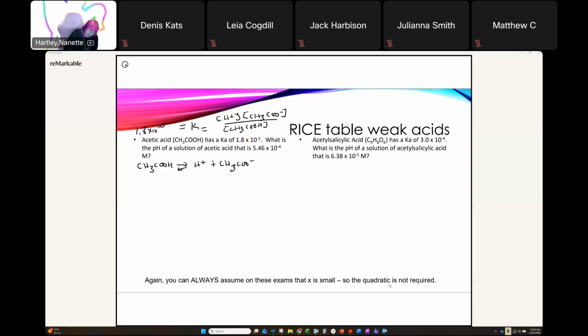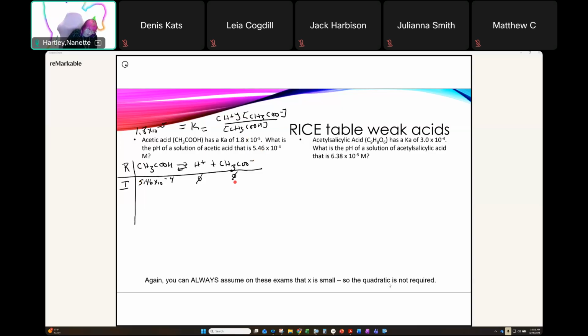If this is my reaction, then my initial conditions, it says that my initial condition is that the solution is 5.46 times 10 to the minus fourth. I assume that I have no H and no CH3COO minus.